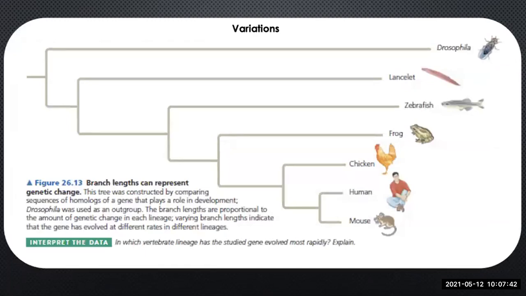And so this is an example of what I was talking about in terms of branch lengths mattering. So sometimes branch lengths can mean time that a species has existed. So for instance, Drosophila is the most distally related, has existed on the earth for the longest time in this one.